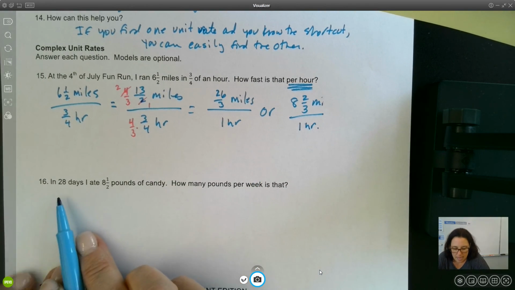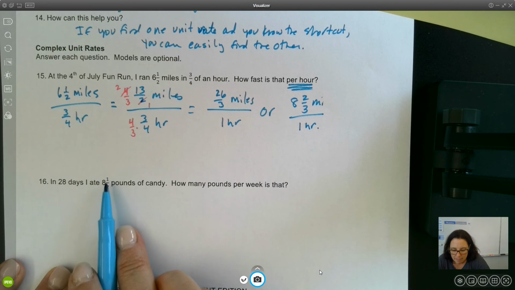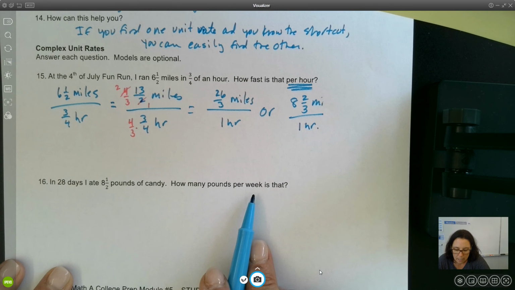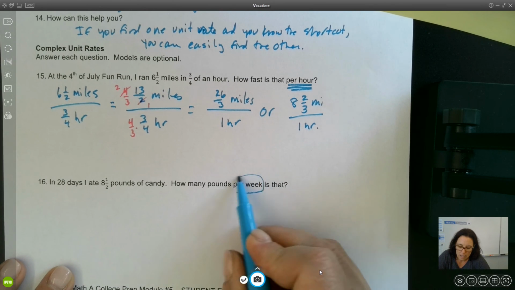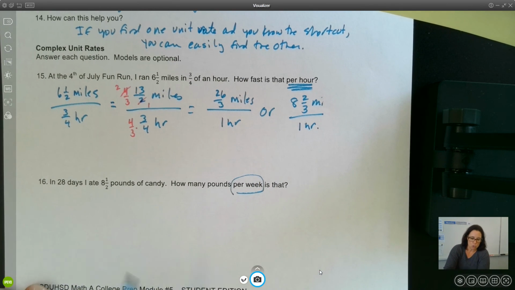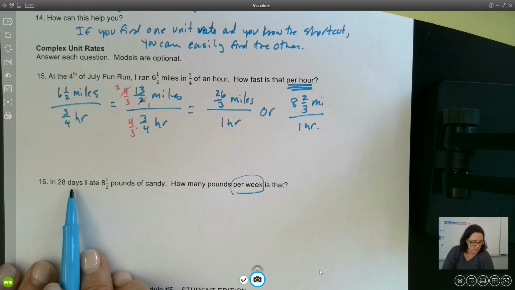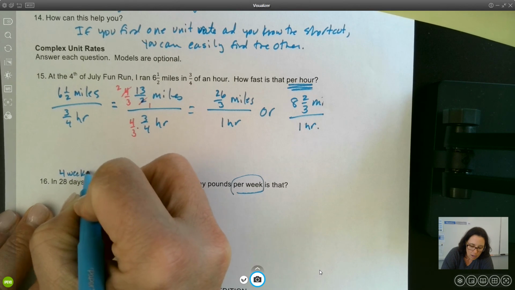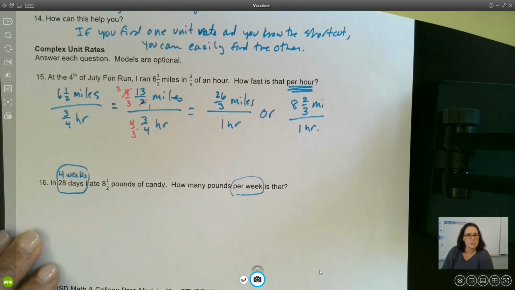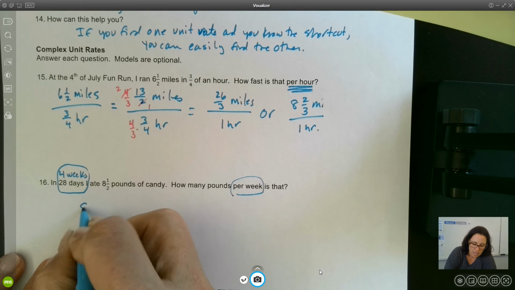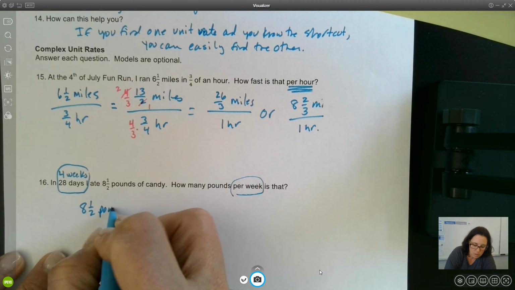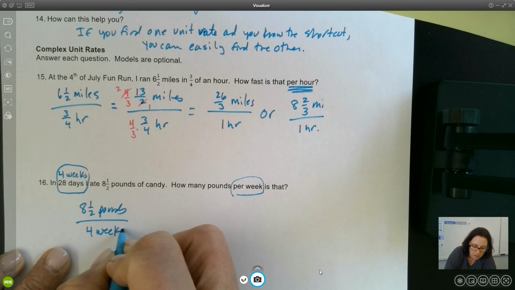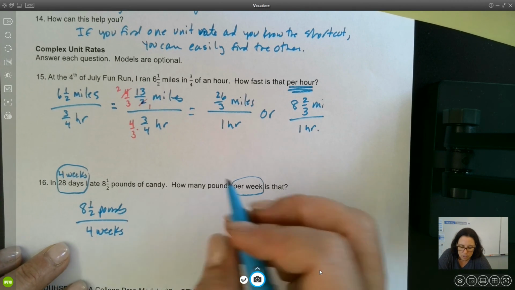All right, this guy, 28 days I ate 8.5 pounds of candy. How many pounds per week? Okay, 28 days, are we good that that's 4 weeks? 28 days is 4 weeks. Okay, so I have 8.5 pounds in 4 weeks, and I want to turn it into 1 week.